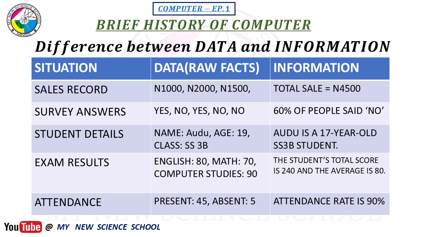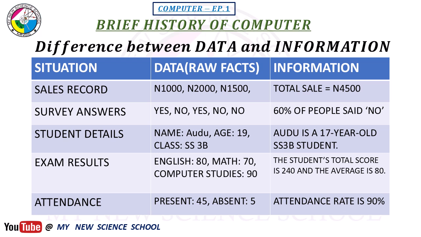Then the total sale is 4,500. That means from here, using the data, we now understand that the total sale for the day was 4,500.